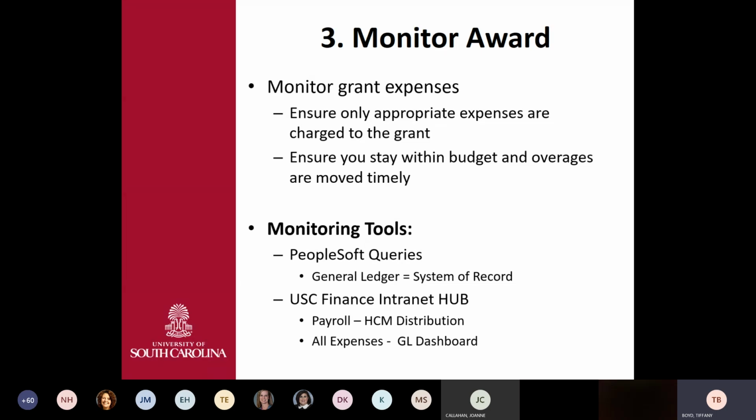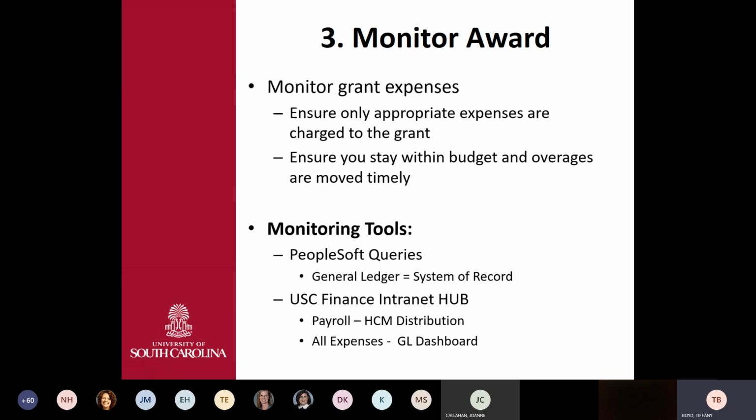A lot of times we'll get requests to do manual invoices, and that's something that we can't do. And that's coming all the way from the Board of Trustees and internal audit and external audit. They expect our invoices and our financial records to match what we're submitting to the sponsor. So if it has not hit our general ledger, we can't include it.